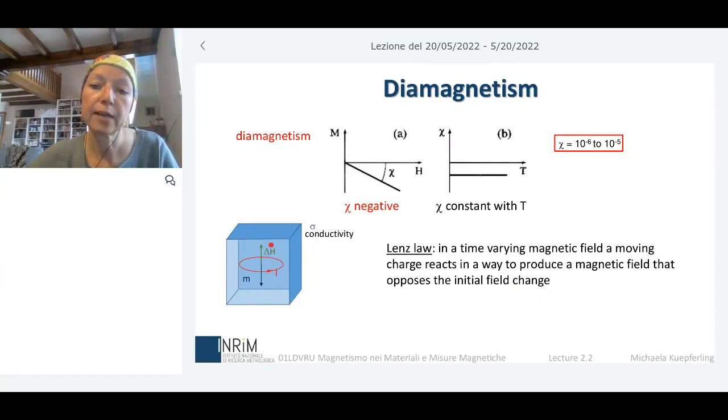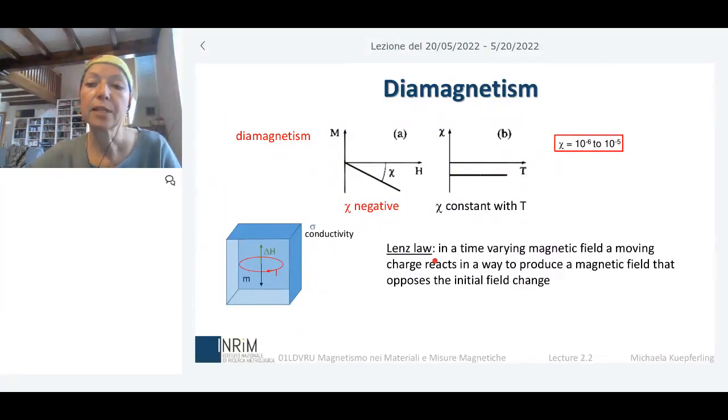So if we have a field change, then our charge here will start to move. So we will get an electric current, which will produce a magnetic moment, or a magnetic field, let's say, that opposes this field change. This is, of course, something that reminds us of eddy currents in a conductive material.